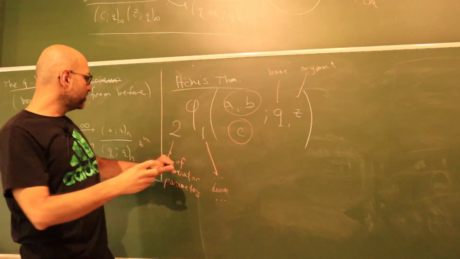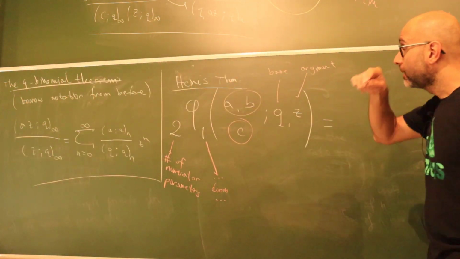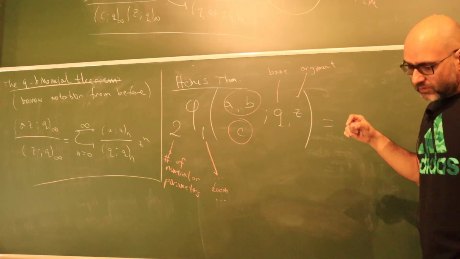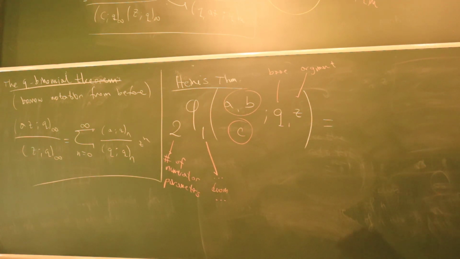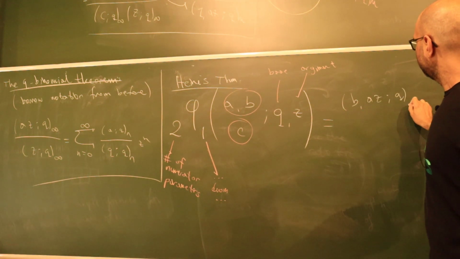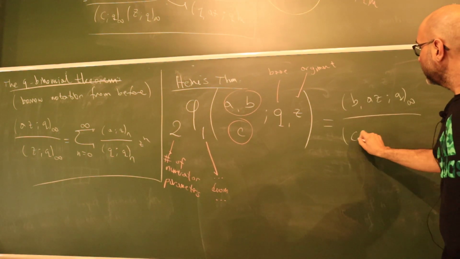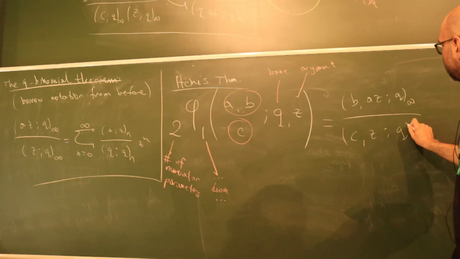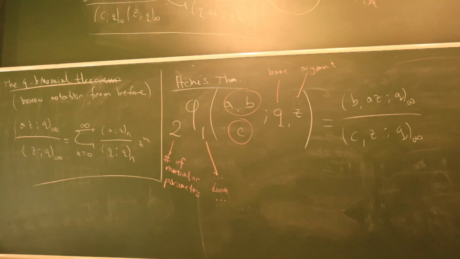So Heine's theorem stipulates that this equals, what did the sum spit out? We have B and A times Z, Q infinity, divided by C and Z infinity. Again, this notation is self-explanatory. If we have two infinite products with the same base, we can combine them like this.